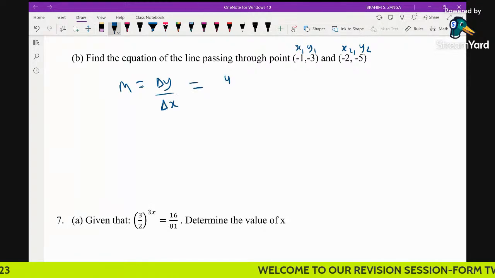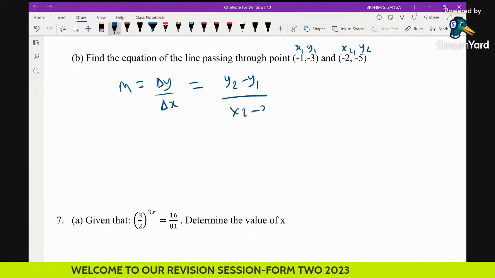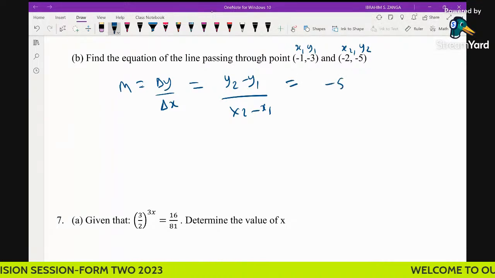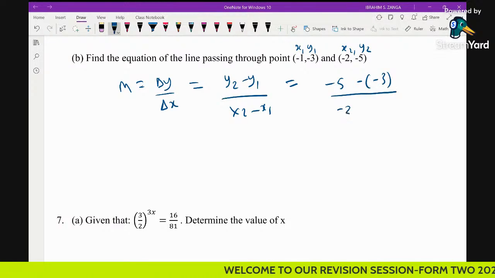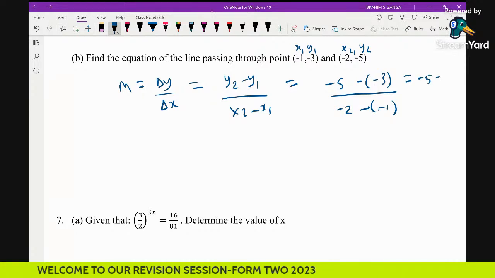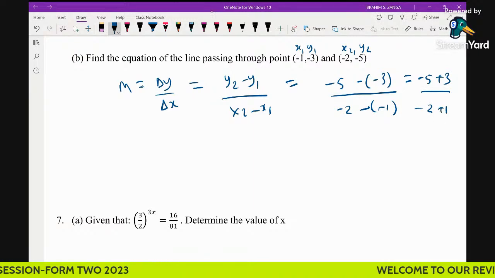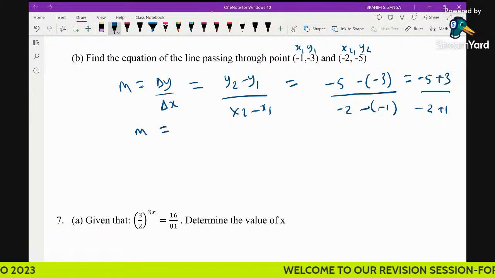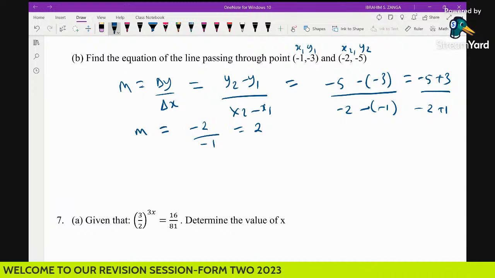In this case, we'll be taking y2 minus y1 over x2 minus x1. So from here, you get -5 minus -3 divided by -2 minus -1. So this is -5 plus 3 over -2 plus 1. So the slope, dear students, will be -2 over -1, which is equal to 2.